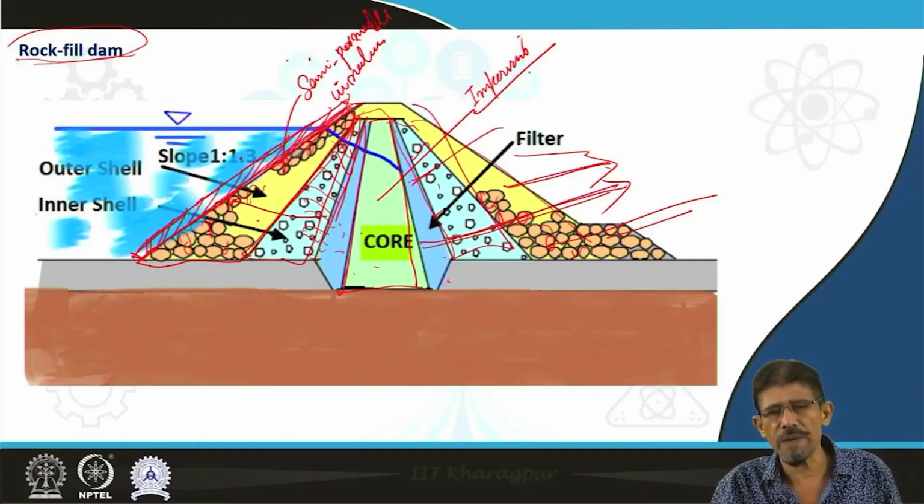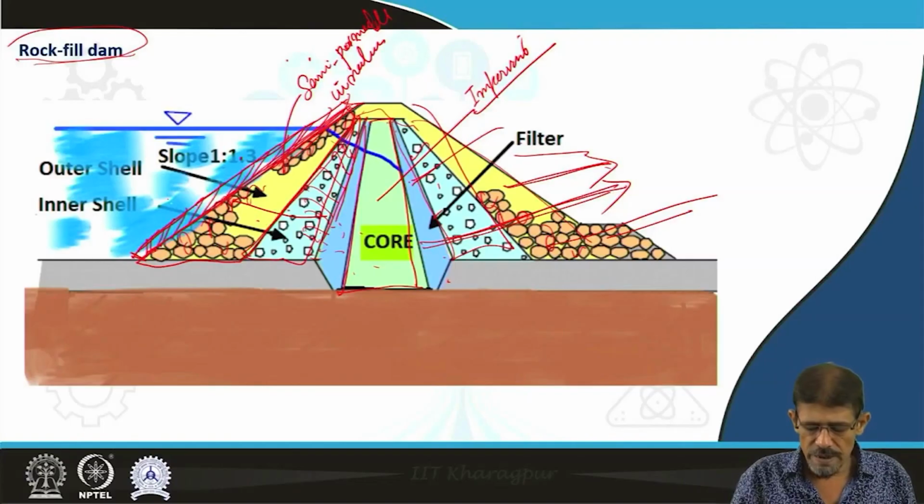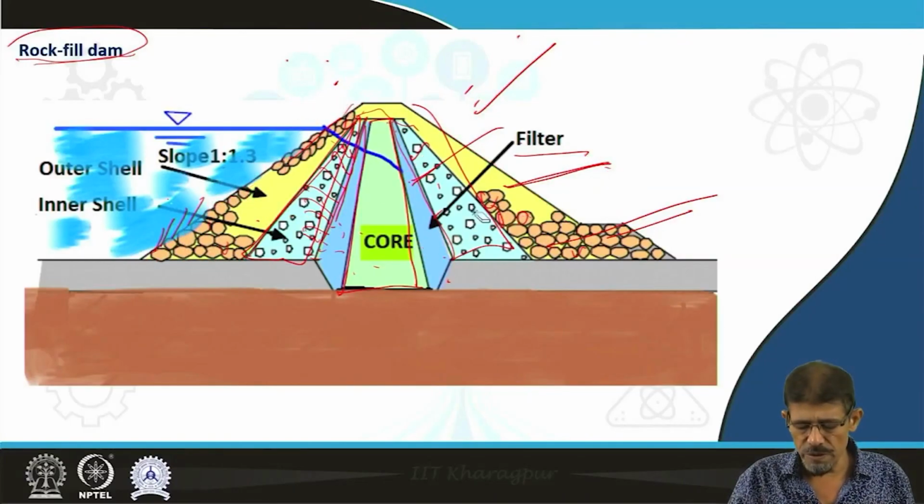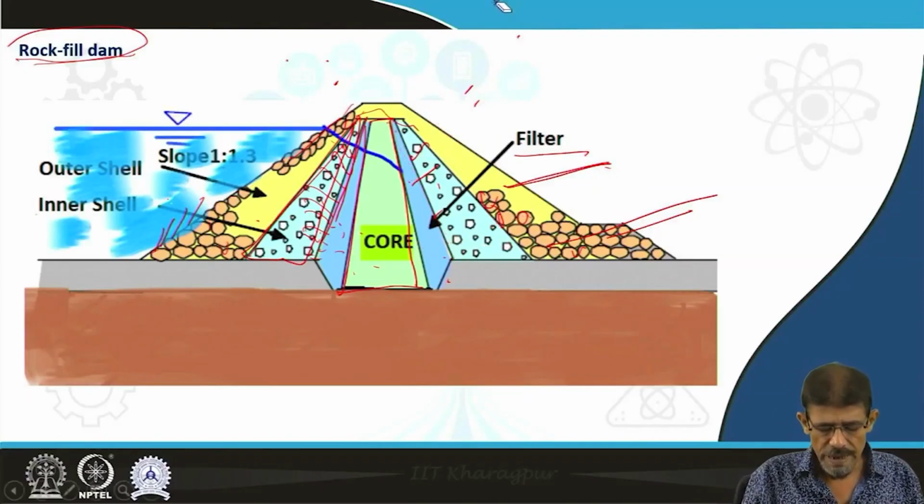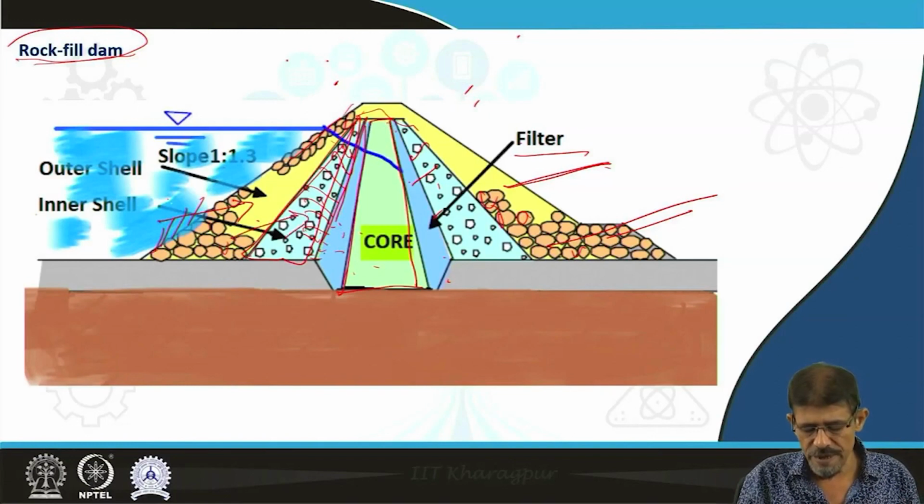So in general, it is very simple: we construct the outer shell, then the inner shell, then the filter material extended up to a certain extension.